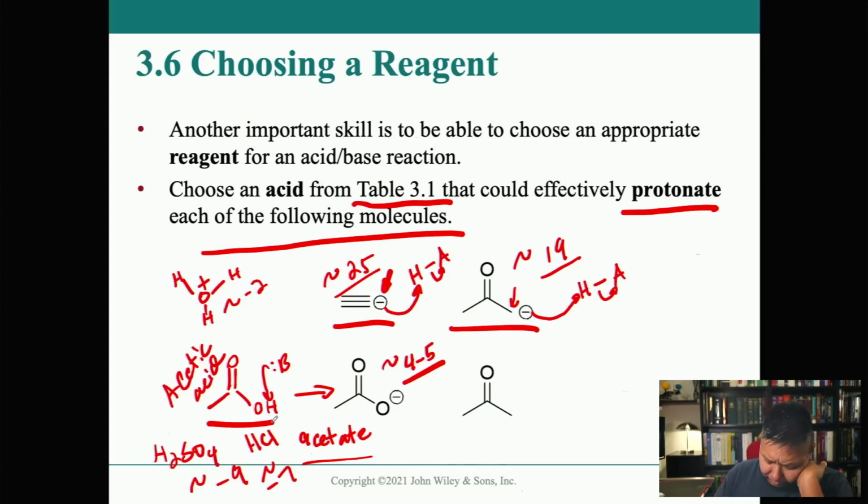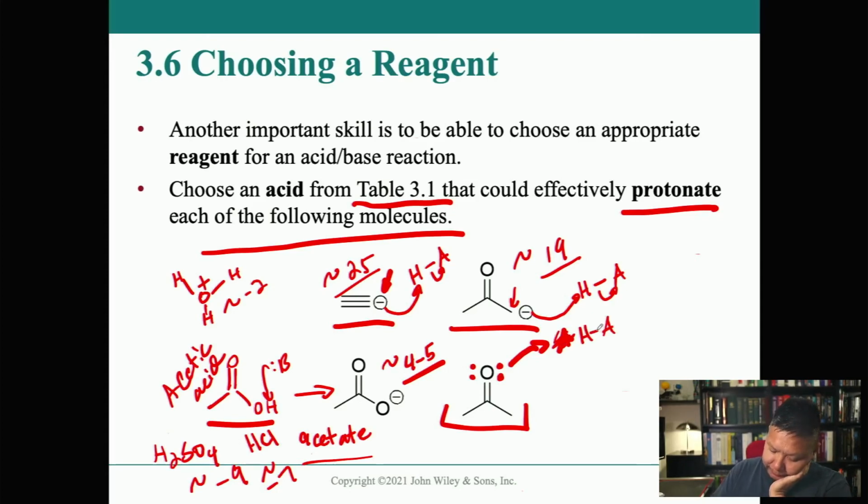Now we actually have an acetone. The thing that's going to get protonated here is the oxygen at the top right there. Those lone pairs are going to come over and pull off a proton from a strong acid.